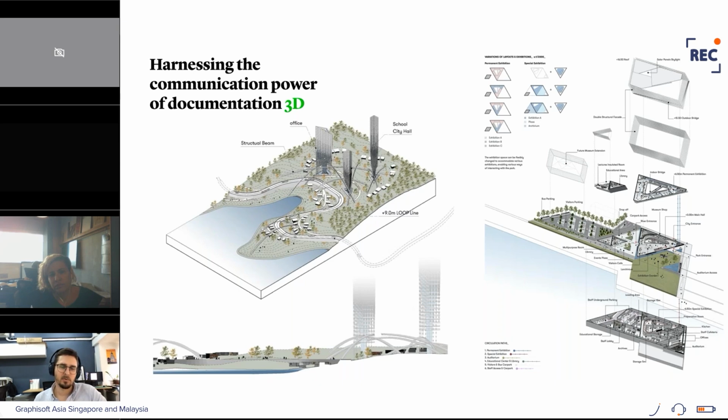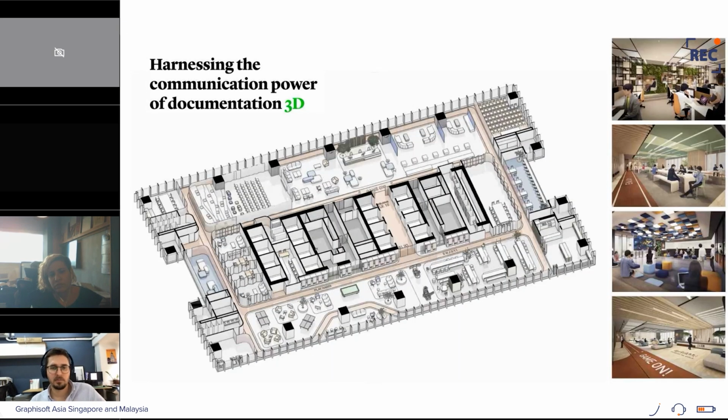We try to cut down the time and the effort that we put into creating all these beautiful images and diagrams, trying to give a little bit more to our clients just by using Archicad properly.